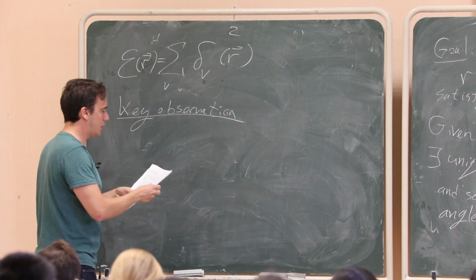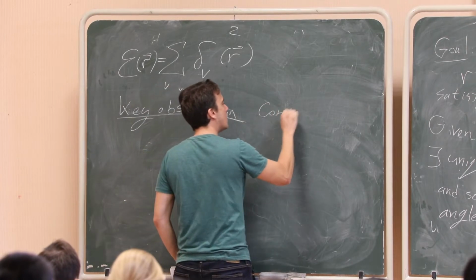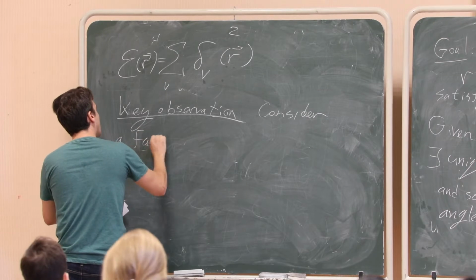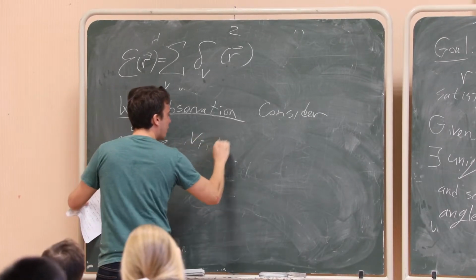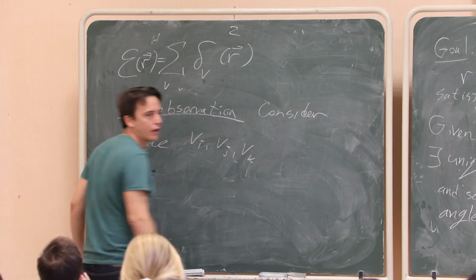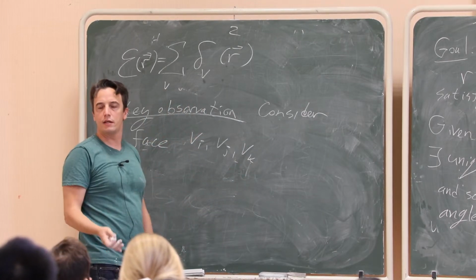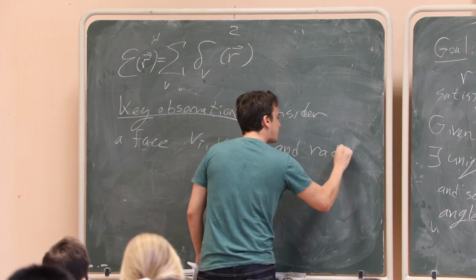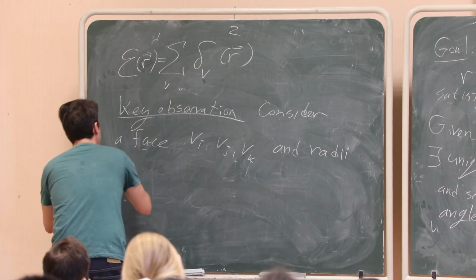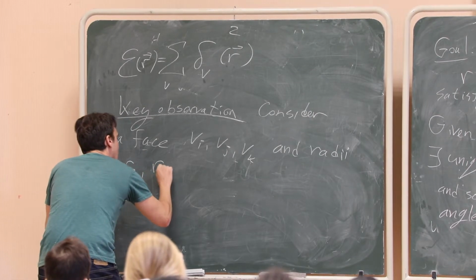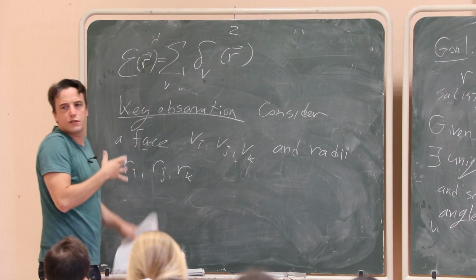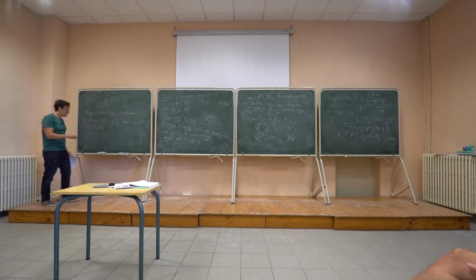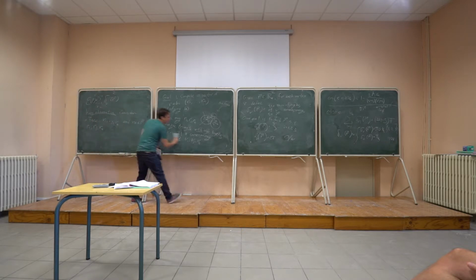Consider a face Vi, Vj, Vk, and assume that I have assigned it 3 numbers, radii Ri, Rj, Rk. I want to change these radii, and I want to see what the effect is going to be on the angles. So this is the key observation.